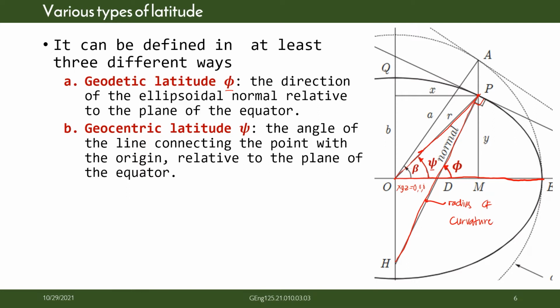For geodetic, focusing at the same point, we project a normal line, going not to the center, but intersecting the rotational axis. As you can see here in this figure, this is the geodetic latitude, and this is the geocentric latitude.